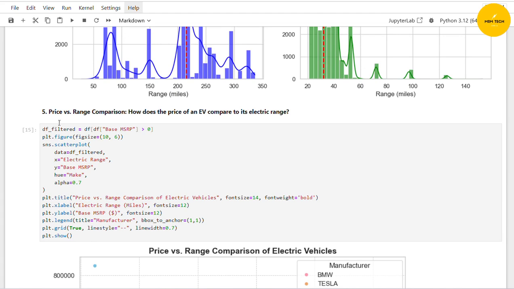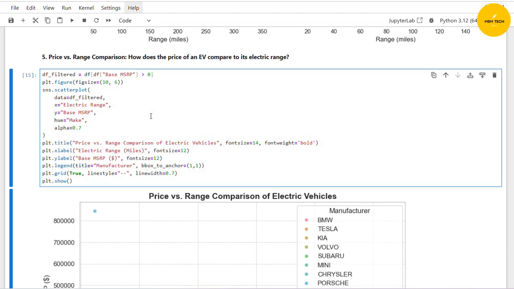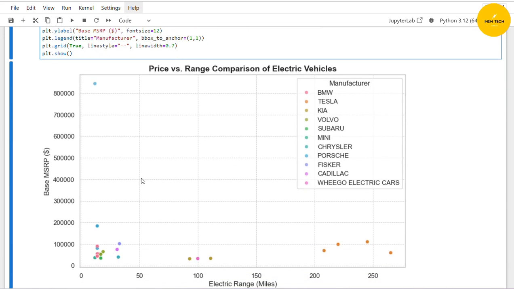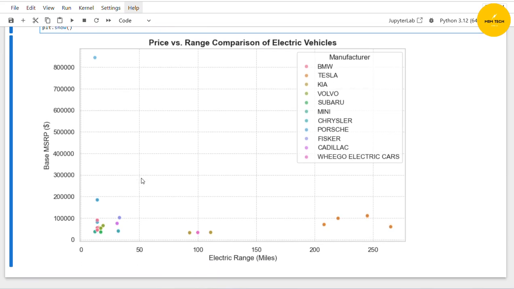Last, we try to do the comparison between price and range. How does the price of an EV compare to its electric range? This part of the code examines how the price of electric vehicles correlates with their electric range. The goal is to identify patterns and trends that might influence consumer choices and manufacturer strategies. So, this scatter plot analysis highlights significant variances in price and electric range among EVs, reflecting diverse consumer needs and manufacturing focuses.